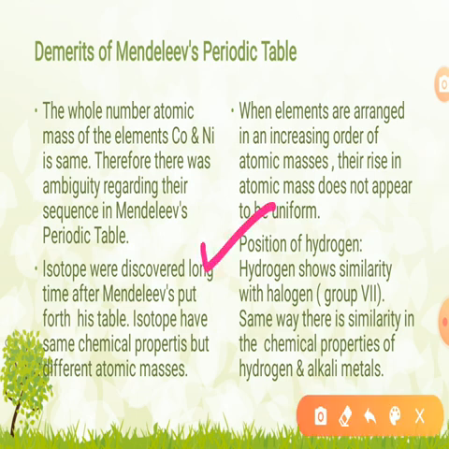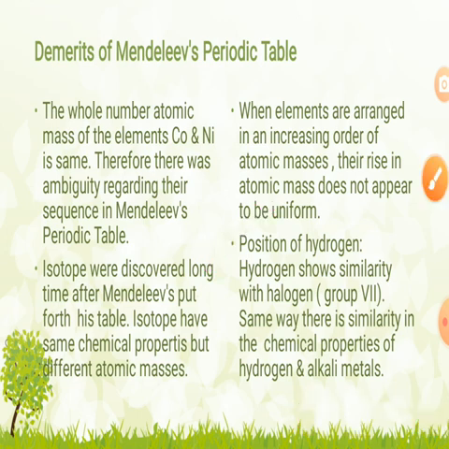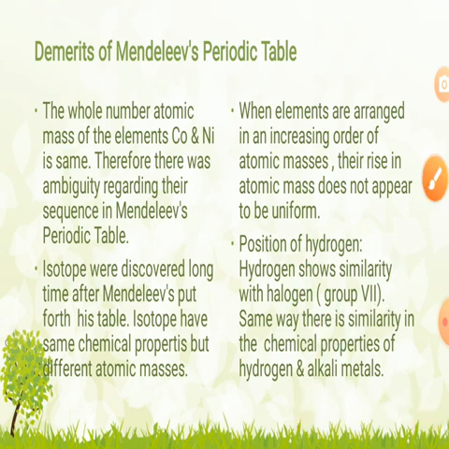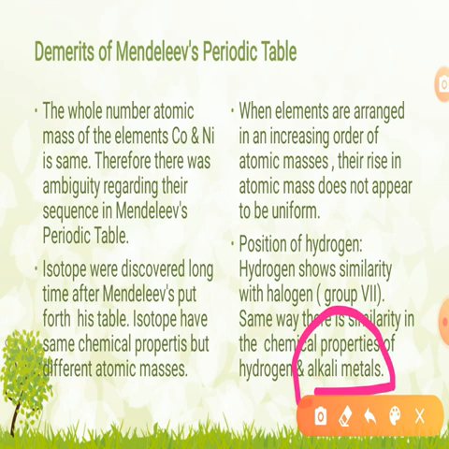The last one is the position of hydrogen. Hydrogen shows a similarity with halogens, which is group 7. It even shows similar properties to the alkali metals.